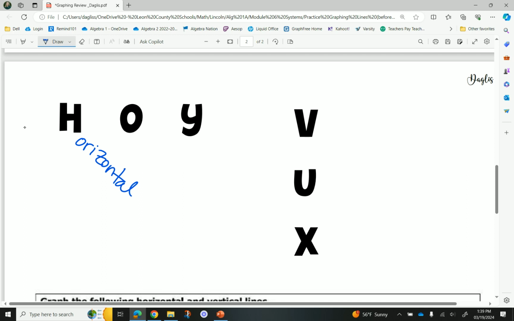Horizontal means that the slope is 0. And it's usually y equals a number. That's how it's set up. So horizontal lines, they go sideways.